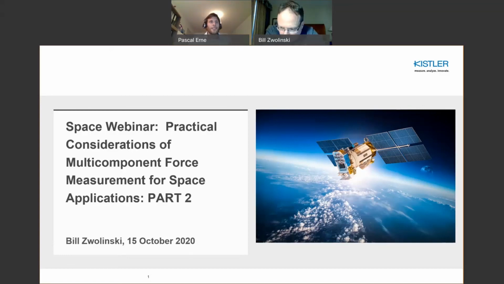Another question is, what are the reasons to preload piezoelectric force sensors? We already heard about linearity, but are there other reasons? Yeah, the three component force sensors are preloaded at 70%, for linearity and for shear force handling, because there's a surface coating on the force sensors that provides ground isolation and a 0.2 frictional coefficient.